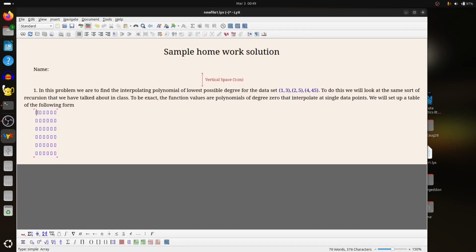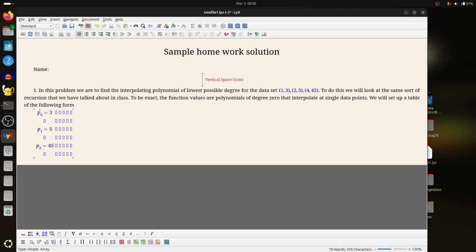Okay, up here I'm going to have P subscript 0, which is equal to 3. Skip a line. P subscript 1 equals 5. Skip a line. P subscript 2 is 45.